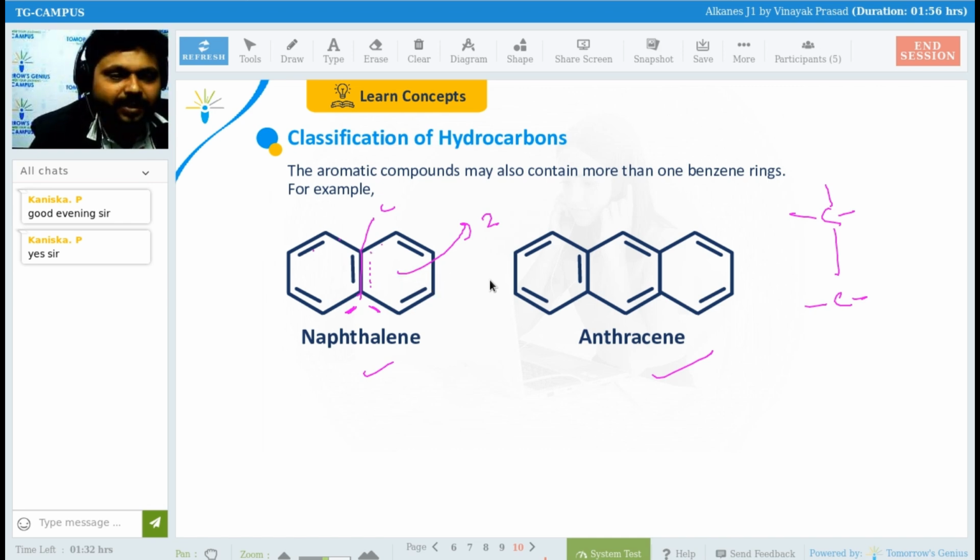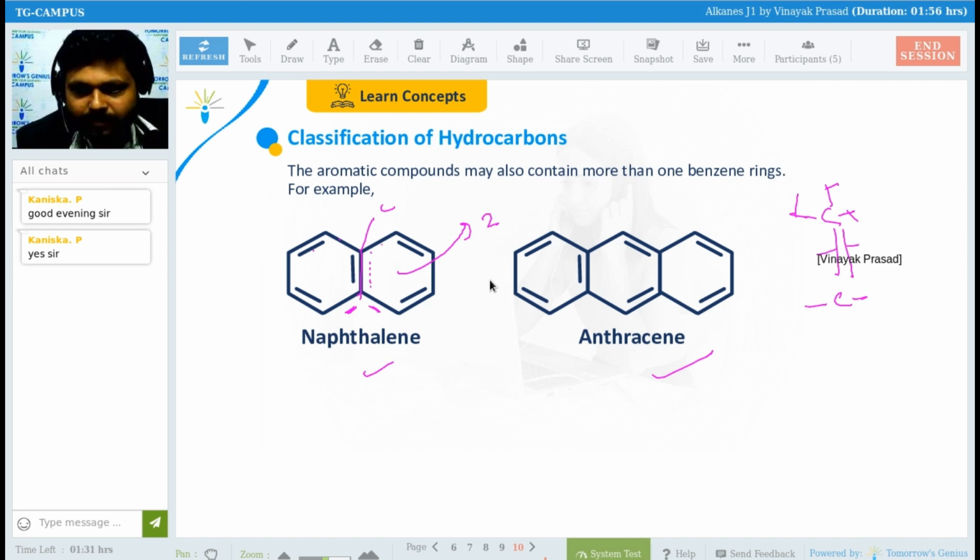So this carbon will be having how many bonds? 5 bonds. Now you can see this carbon is having 1, 2, 3, 4, 5. So is it possible for carbon to make 5 bonds? Guys, what do you think?